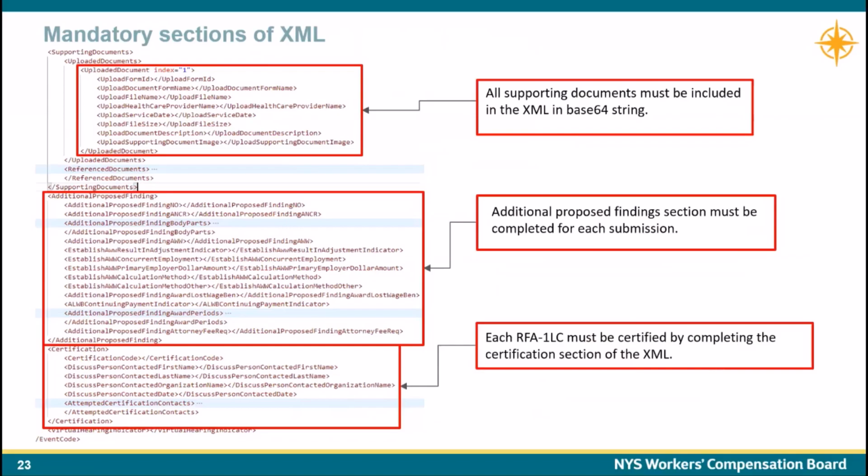Certification section is mandatory for most of the submission reasons. You may not need to complete this section for some medical reasons. And then the final mandatory node is attestation, which is not shown here. And attestation is mandatory for all submissions.